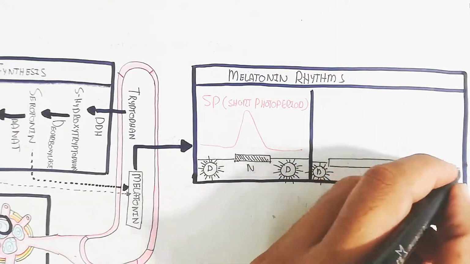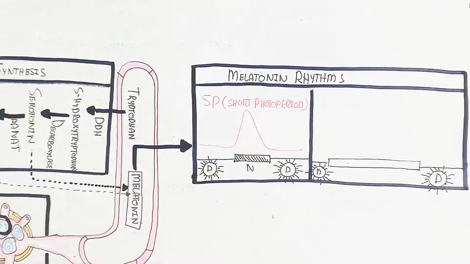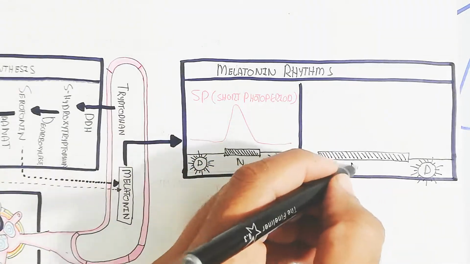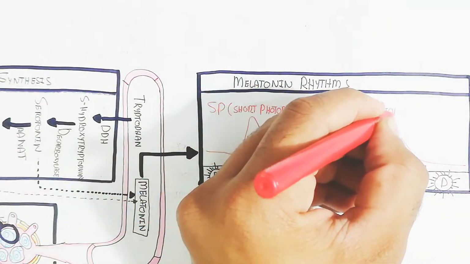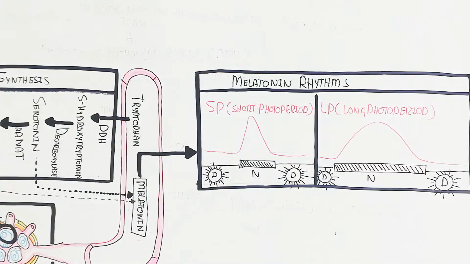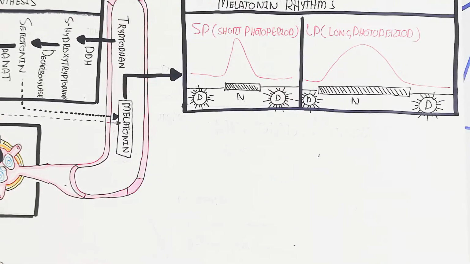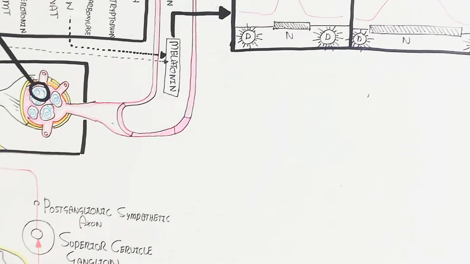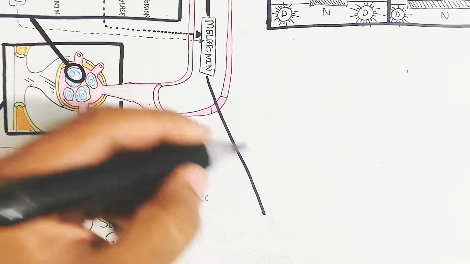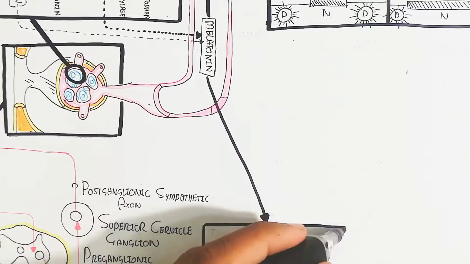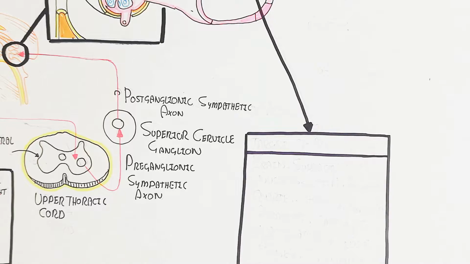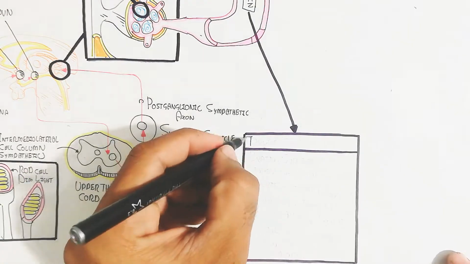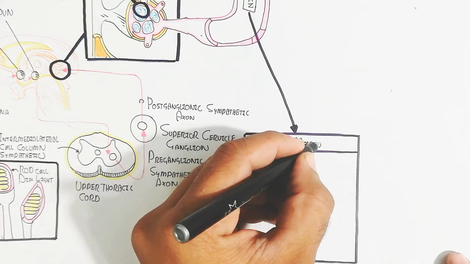You can understand this graph. So the rising and spike of melatonin depends on the short day and long day. Melatonin will rise more during the long night, while during the short night it will rise slightly less. That is why during the long night we can wake up early in the morning, as compared to the long day photoperiod.